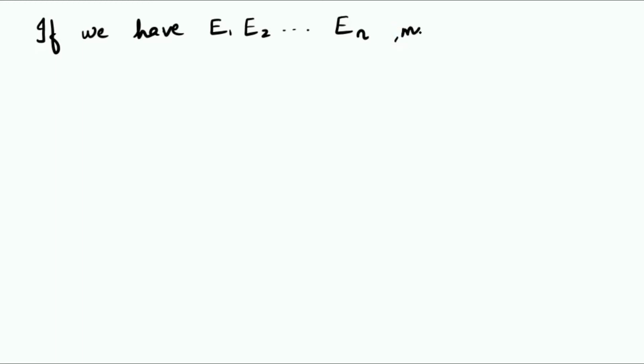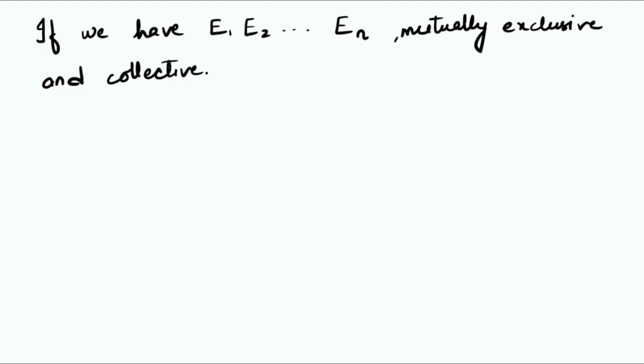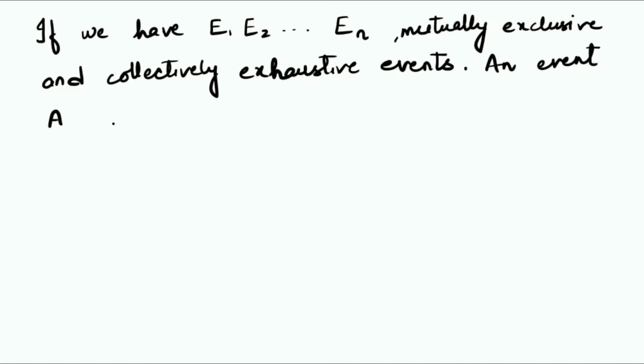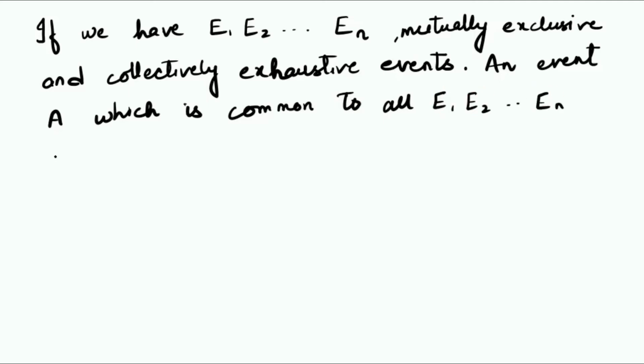If we have E1 to En as mutually exclusive and collectively exhaustive events, an event A which is common to all E1, E2 till En events has occurred.